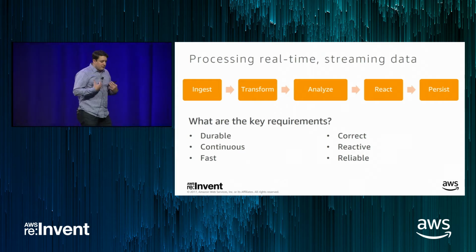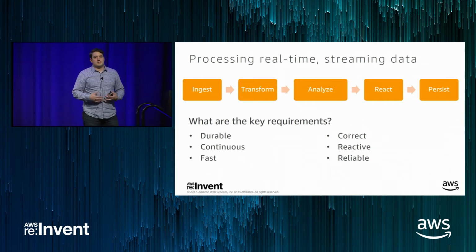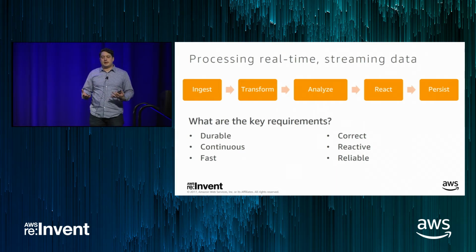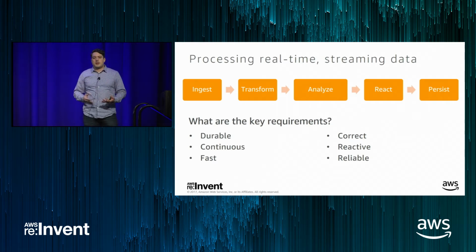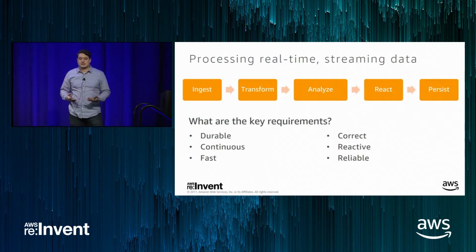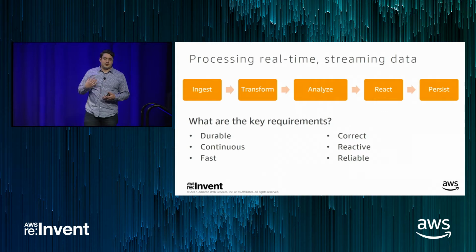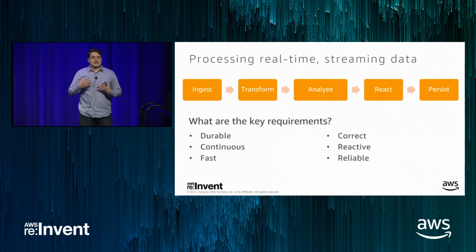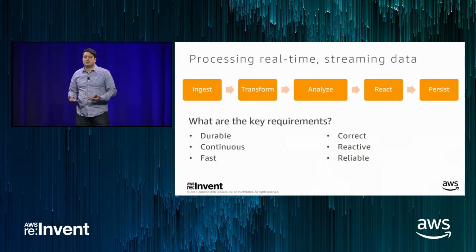There are a certain set of requirements that you need to meet for processing real-time data. A portion of them are familiar. They're the same as the batch context: durability, scalability. But some of them are different. One of the primary ones that's different is the ability to ingest data at scale.